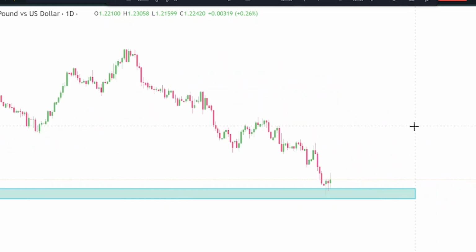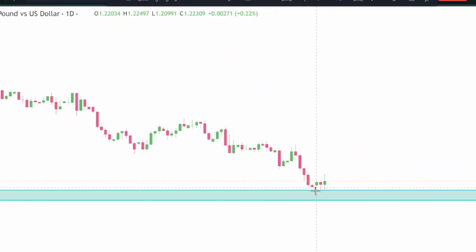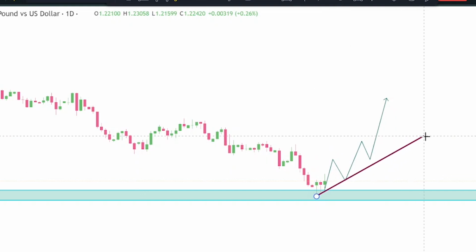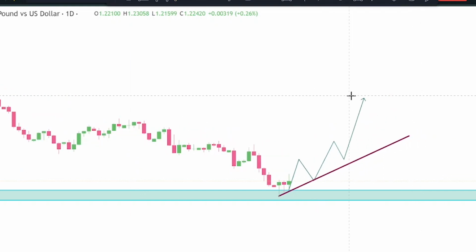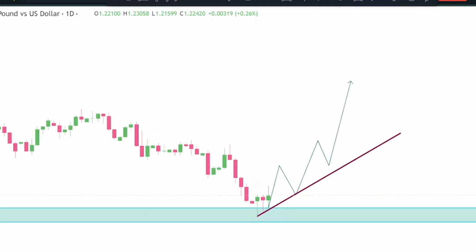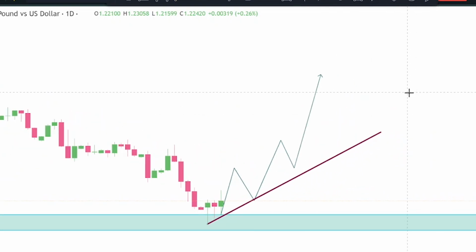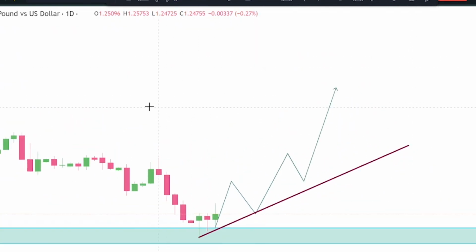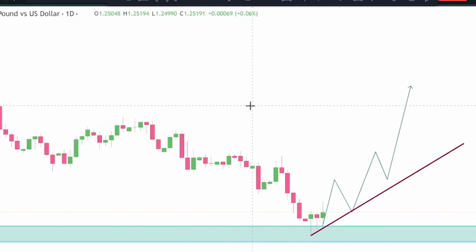Now we are looking for the price to start making higher highs and higher lows, so that we can draw a trend line from this area and start connecting the lows, which have to be at least 2 lows or 2 troughs. Now we are going to move to the lower time frame and see if we can get that confirmation.